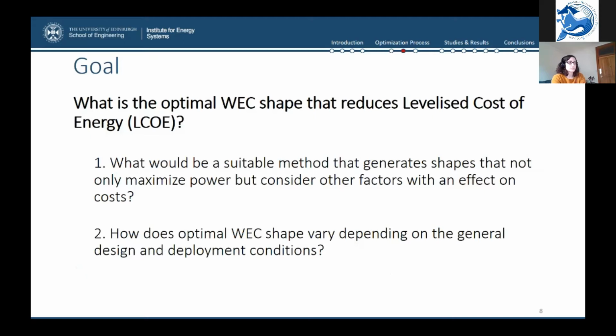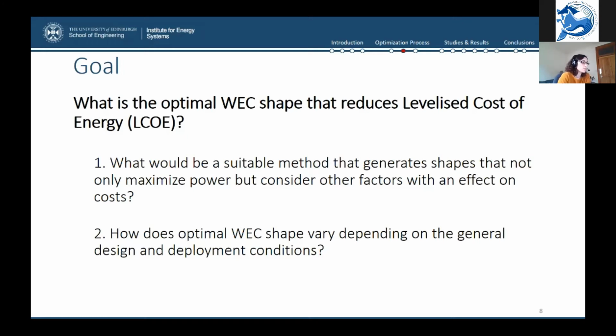And to answer this question, I broke this down into 2 further questions. What would be a suitable method that generates shapes that not only maximize power, but consider other factors with an effect on costs? So what are the suitable methodologies, or what's the suitable approach?